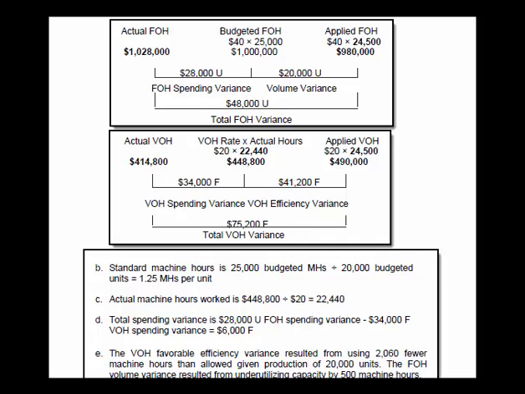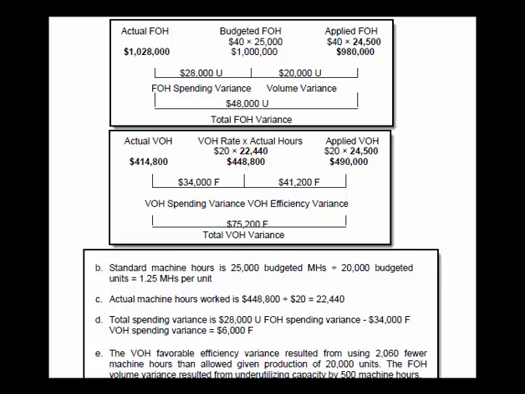And we can calculate that as 1.25 by taking the 25,000 budgeted machine hours and divide it by the 20,000 budgeted units. Okay? That's B. C says how many actual hours were worked in May. And we calculated that here, 22,440.